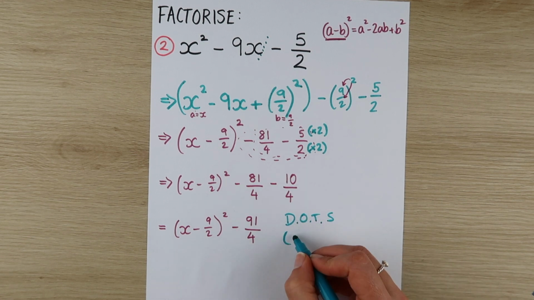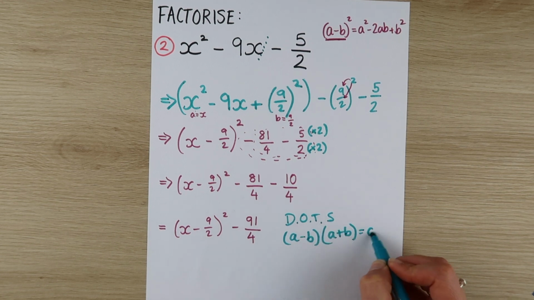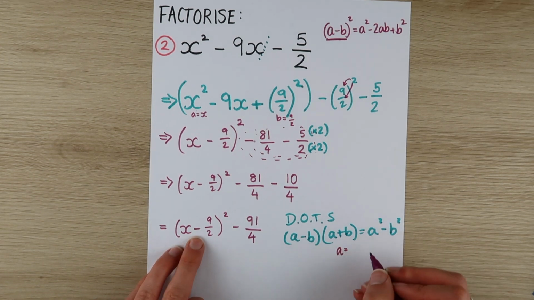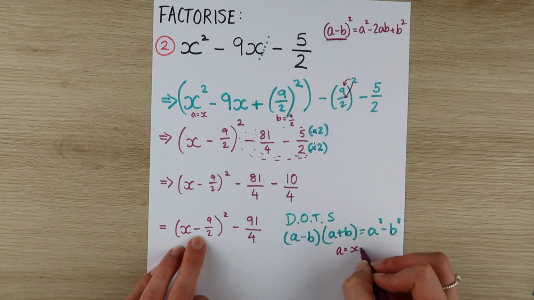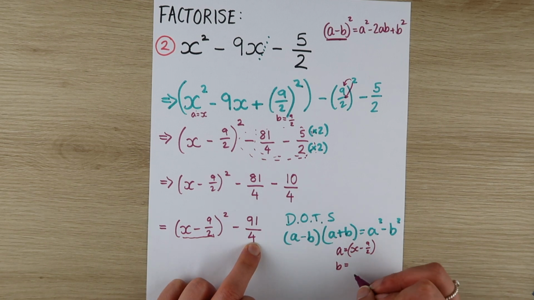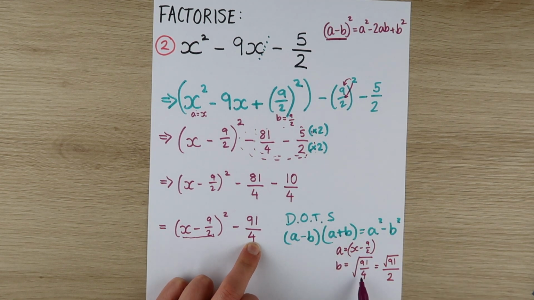So remember, we've got A minus B, A plus B is equal to A squared minus B squared. A is equal to x minus 9/2, and B is equal to the square root of 91/4, which simplifies to the square root of 91 over 2, because I'm finding the square root of each of them.